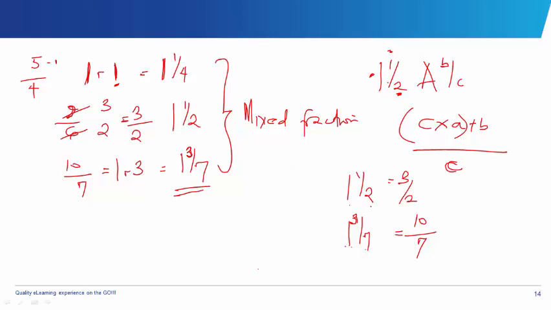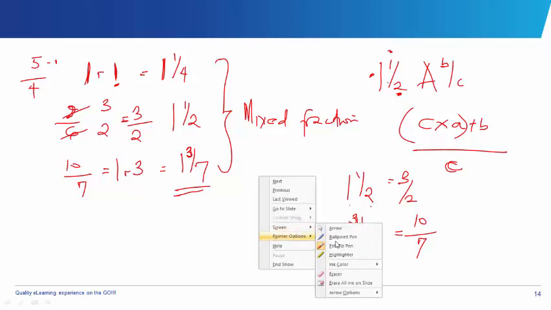Okay, now the next thing we'll do is addition, subtraction, multiplication, and division of fractions. Let's start with addition of fractions. First one is 2 over 4 plus 1 over 4. To add this, we'll draw a straight line under. Then we'll find the lowest common multiple, the LCM, of these two numbers.